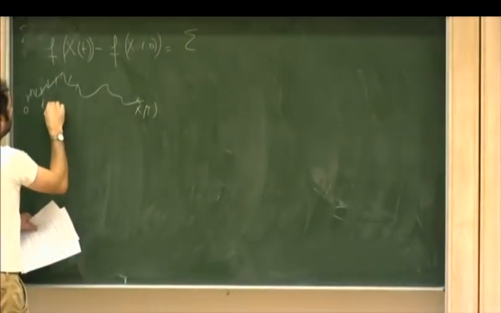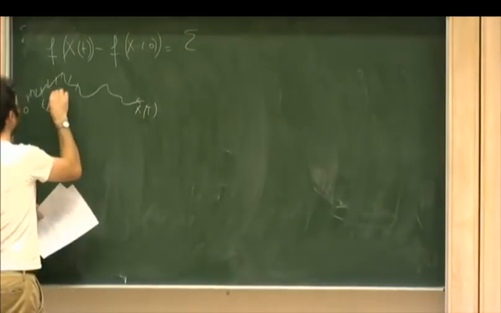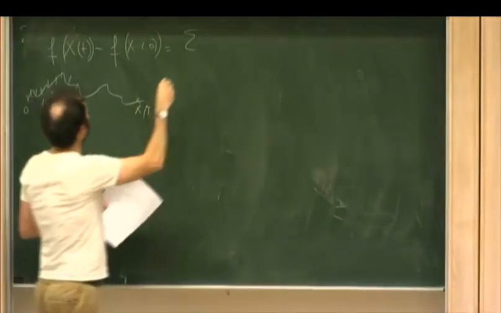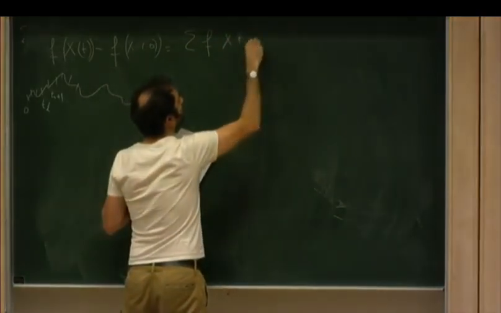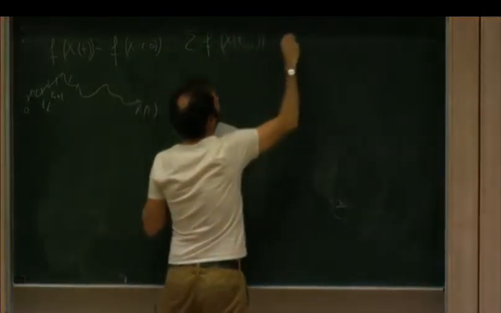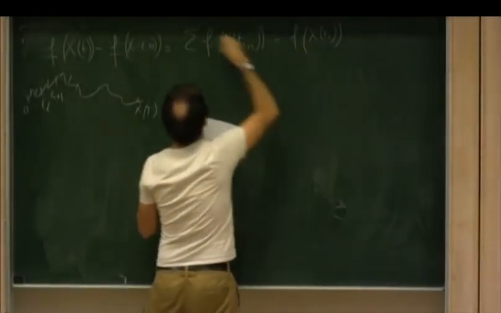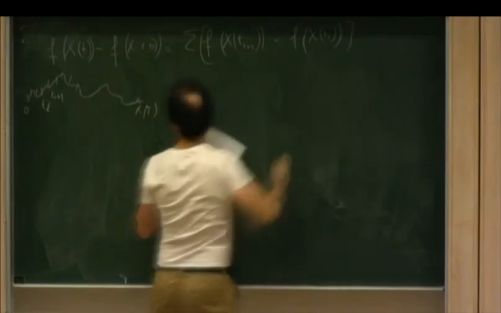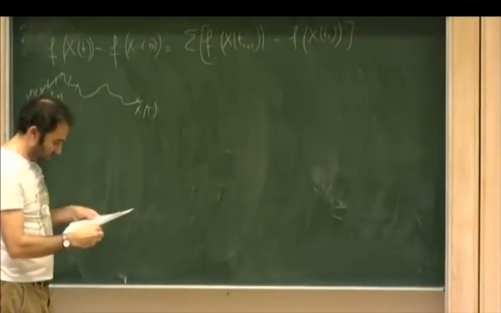This is ti, and this is ti plus 1, and this is f of x of time ti plus 1 minus f of x of time ti. This is a decomposition into small increments. The difference between this and this is the sum of these increments.